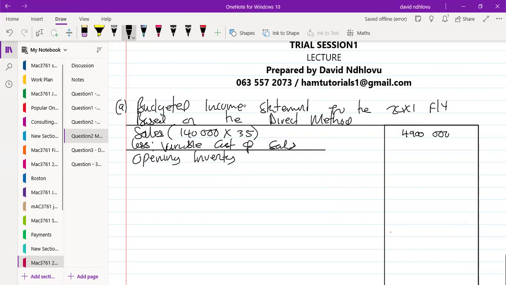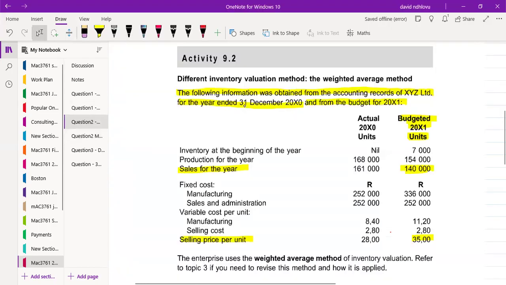What we call opening inventory is closing inventory in the prior period. While we are making projections, which in this case is a budget for the next year, let us remember that for opening inventory we don't have to make projections because it's already there on hand at the end of the year. So only for the opening inventory, we have to visit the previous year or the actual information. Only on the opening inventory. Everything else we use projected figures.